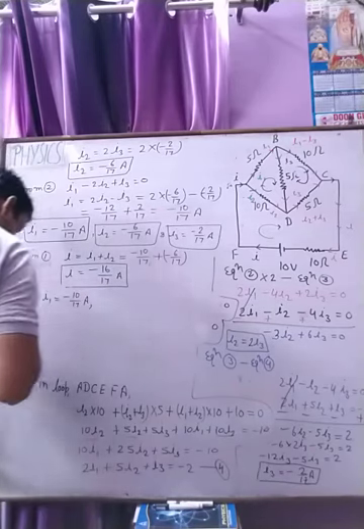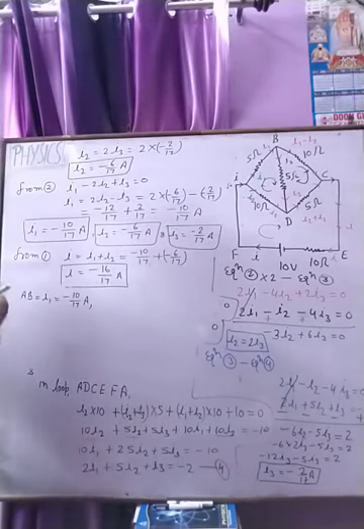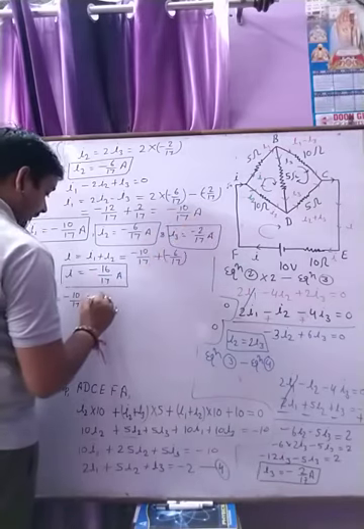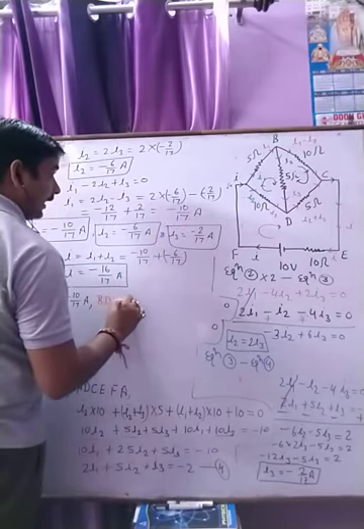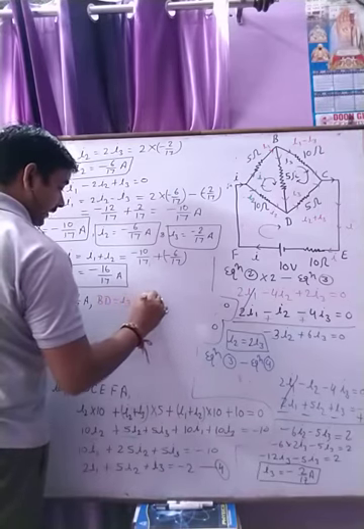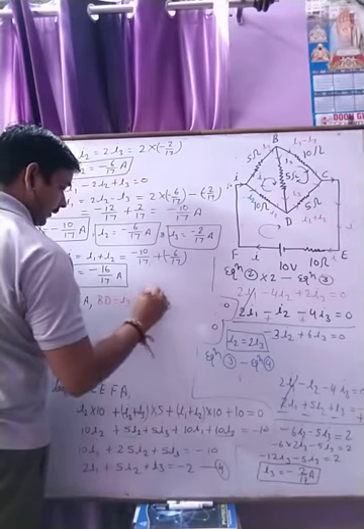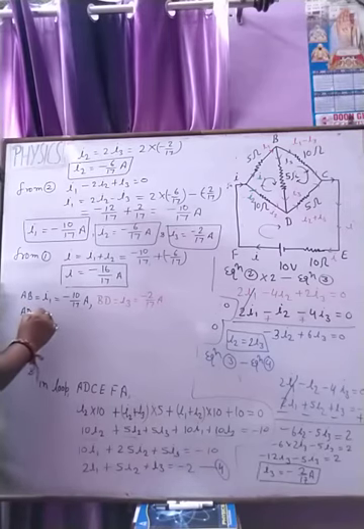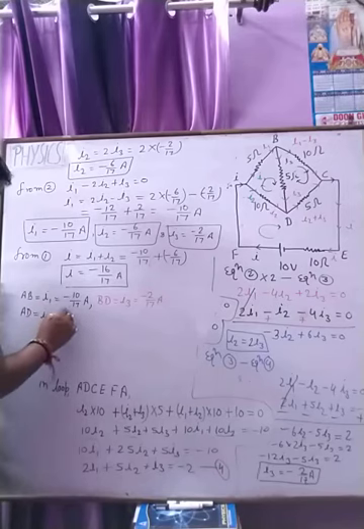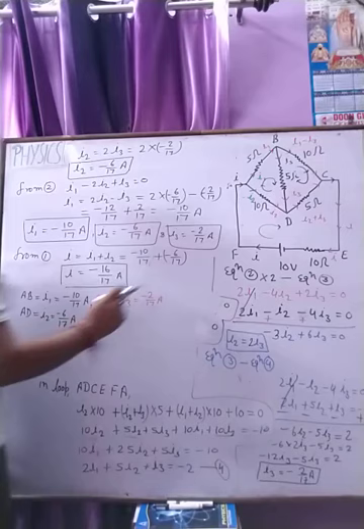Second, in branch BD equal to I3, which is minus 2 by 17 ampere. Next, in branch AD current is I2, which is minus 6 by 17 ampere.